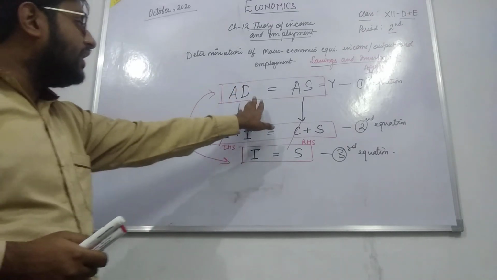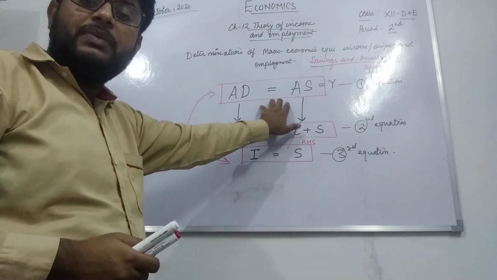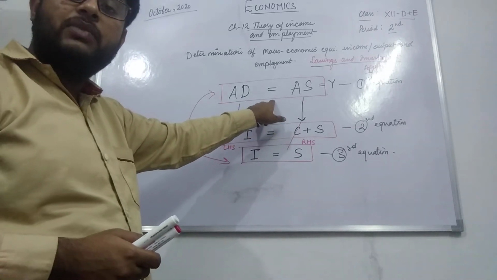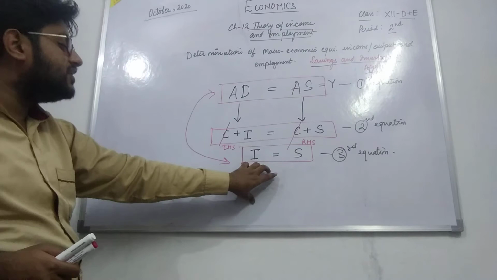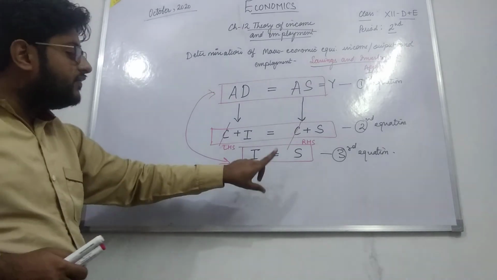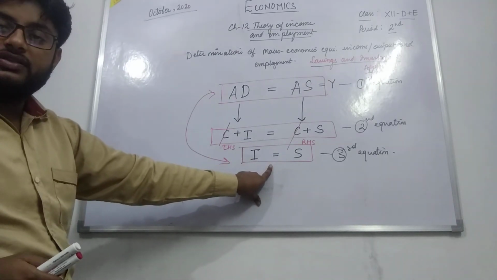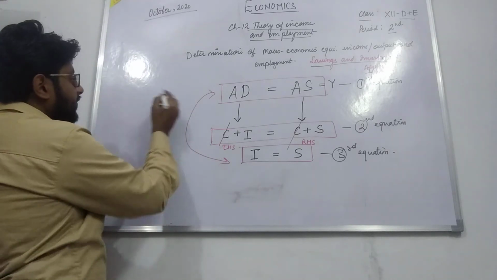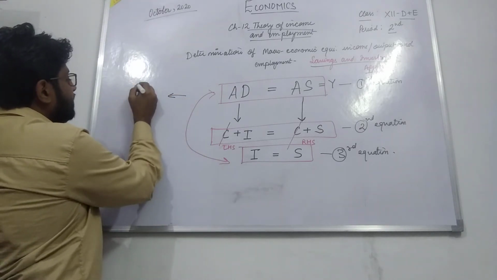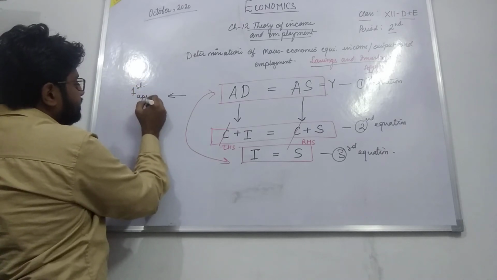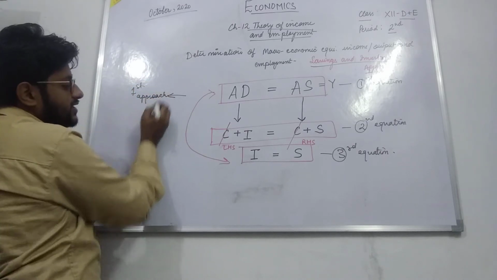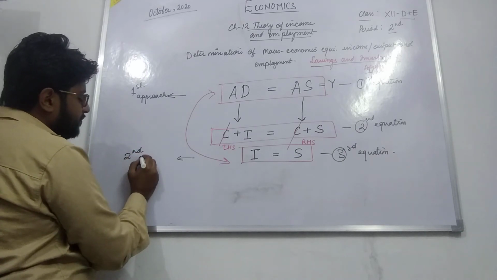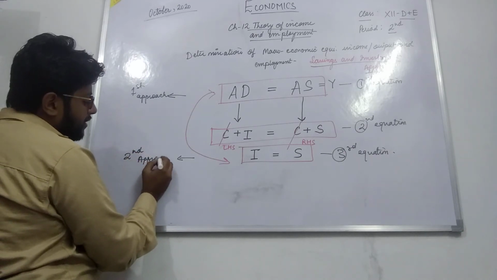Whether aggregate demand is equal to aggregate supply, this is the equilibrium point of the macroeconomy. Whether your saving is equal to investment, this is also your equilibrium point in an economy. So whether we discuss it with the help of the AD-AS approach, which becomes the first approach, or with the help of the saving and investment approach, which becomes the second approach.